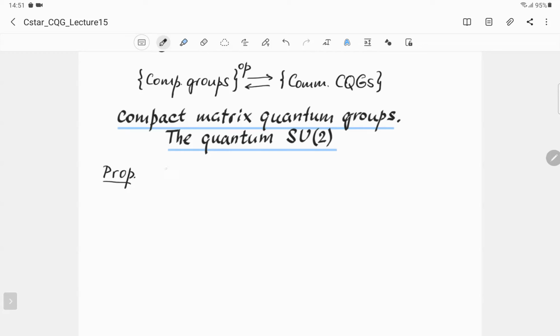Namely, I claim that the algebra of continuous functions on the group SU2 is isomorphic to the universal C-star algebra generated by two elements, alpha and gamma, such that the following matrix, alpha, gamma, minus gamma star, alpha star, is unitary.